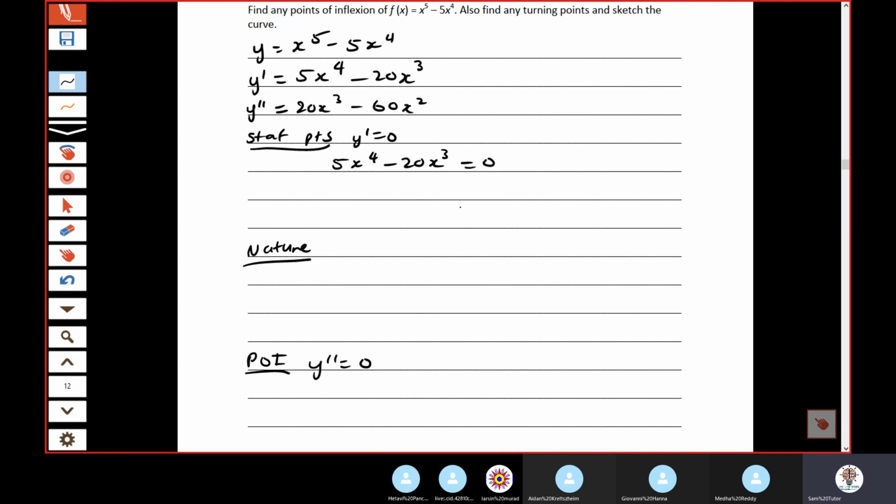Take 5 out. Just 5? 5x. Beautiful. I like it. That's better. 5x cubed, bracket x minus 4. You agree? Equals 0. So therefore x equals what and what? That's right. Okay.